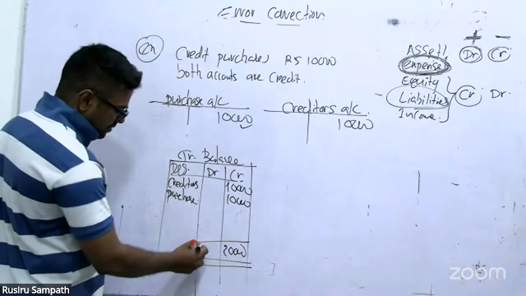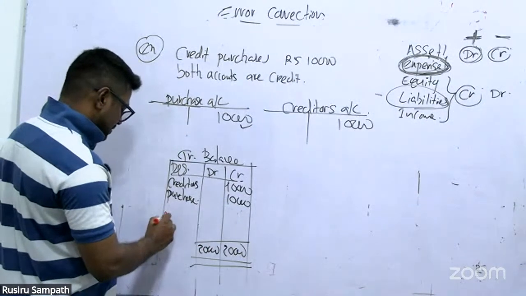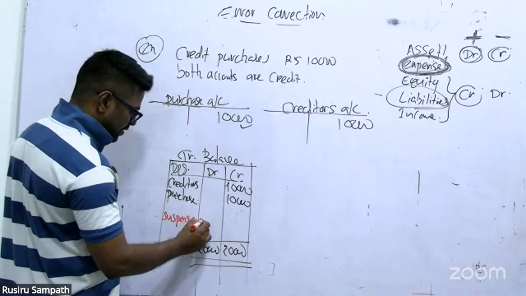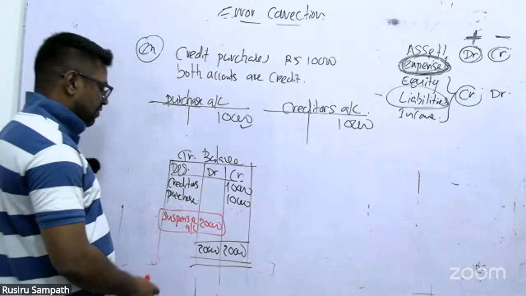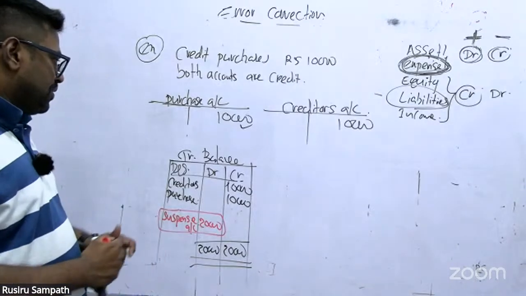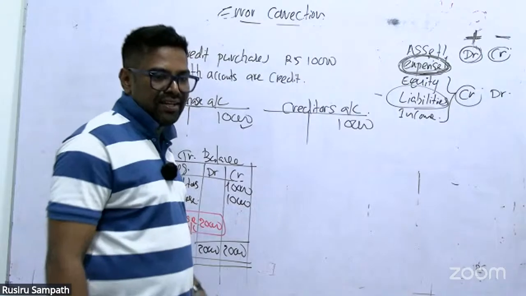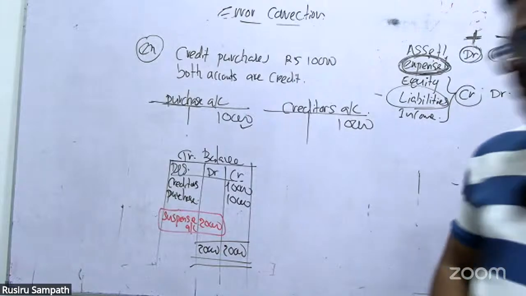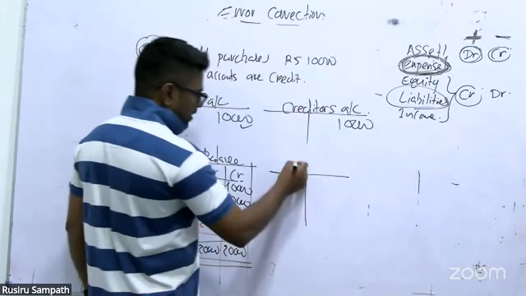That is called the suspense account, 20,000, on the debit side, because all the ledgers are recorded in the credit column. That is the error. Now, rectifying this error. How to? The suspense account is created.